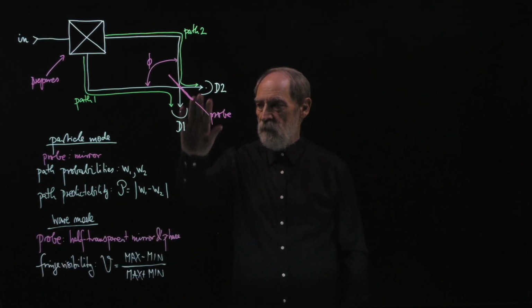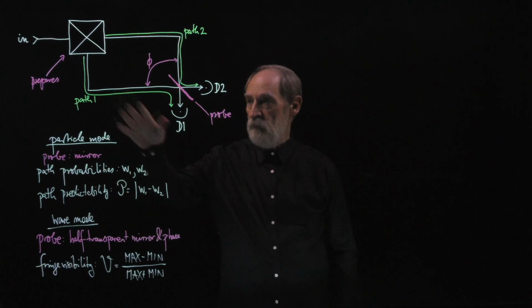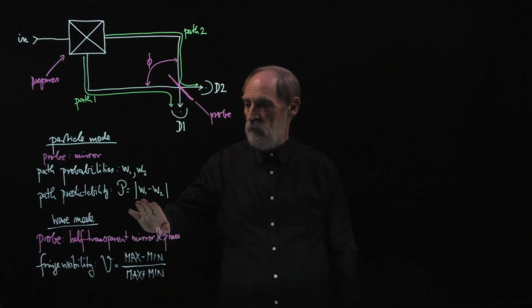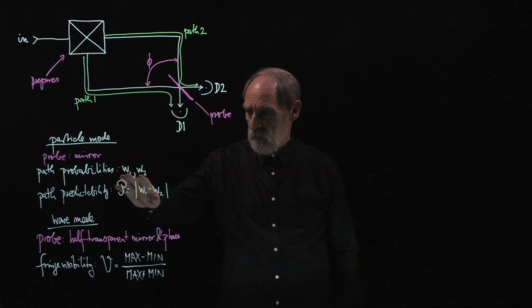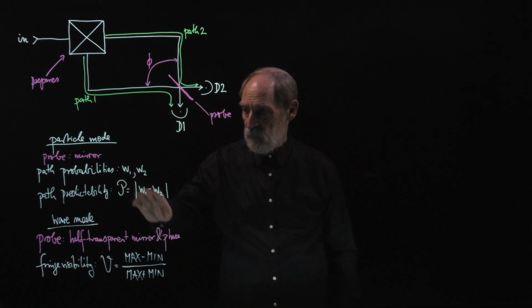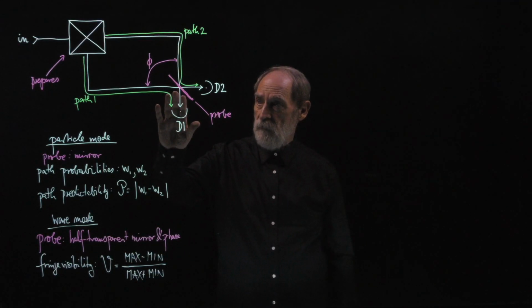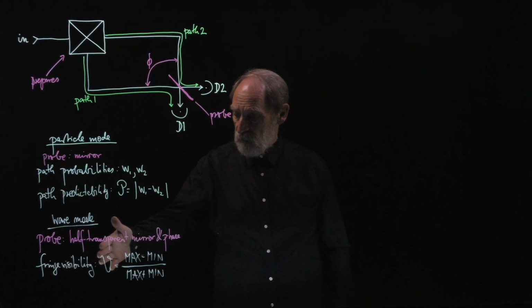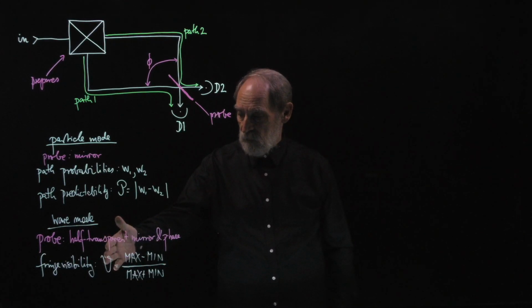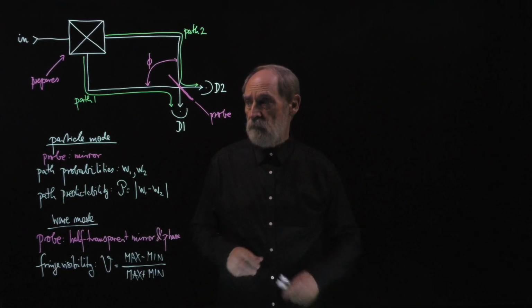So if we operate the interferometer in particle mode, we have these path probabilities, which we talked about how to find, and then there's a path predictability, which we find as the difference of these probabilities. Then we have the option of using the wave mode, and then we see interference fringes, and they have a visibility for which we have this expression.